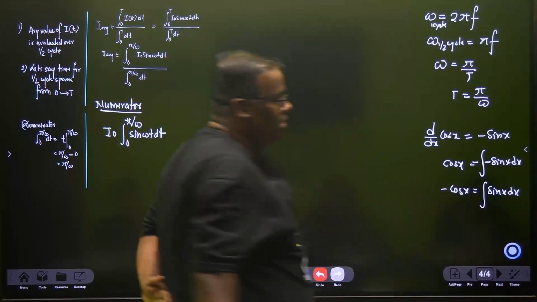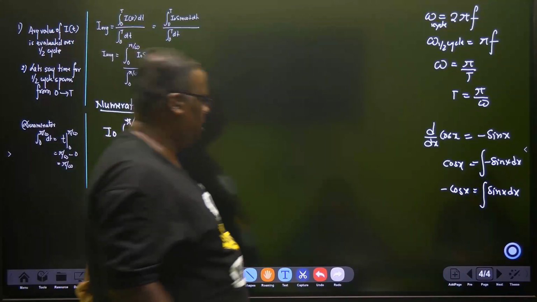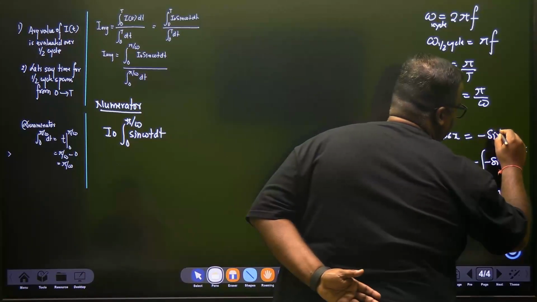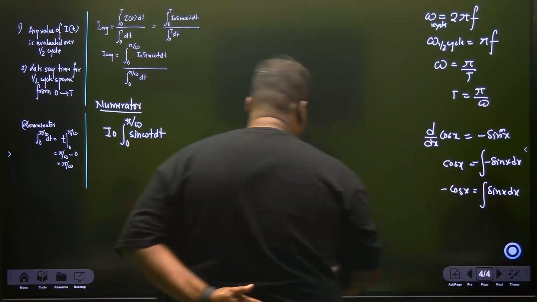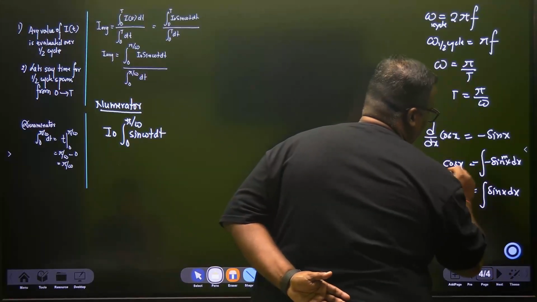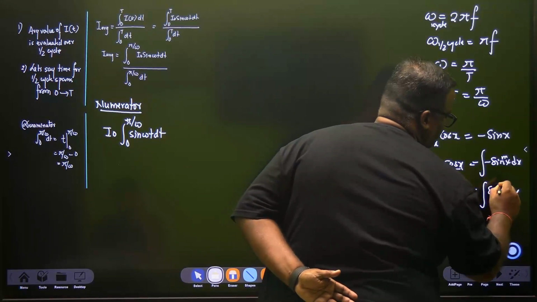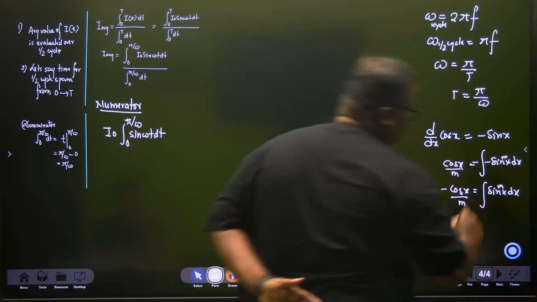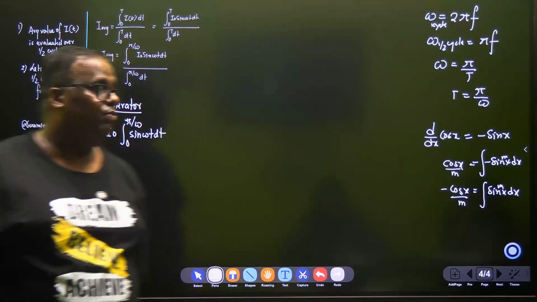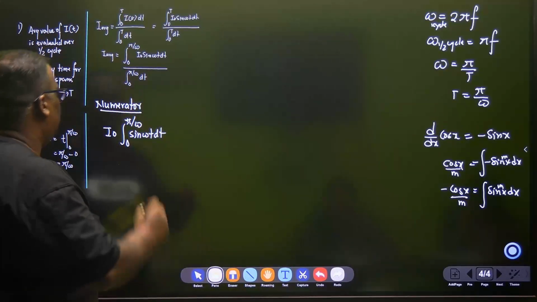Have you understood this? And if it were sine mx, then it would be cos x by m. We know that, in differentiation, it comes out. So what is the integration of this?